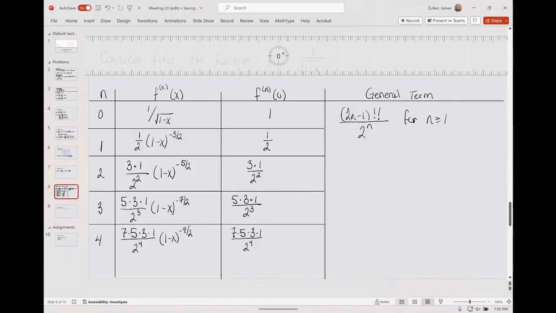This is only valid for n greater than or equal to 1. Take that whole thing, divide by n factorial.